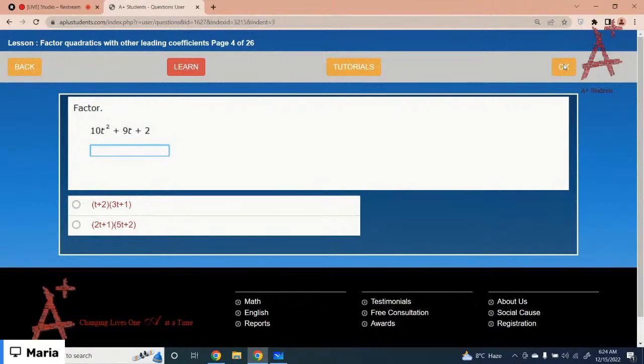Okay, 10t square plus 9t plus 2. So which of the options is the correct one?